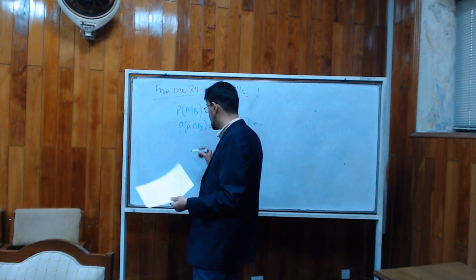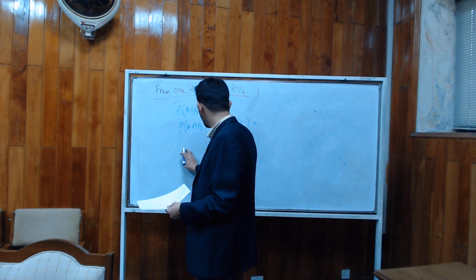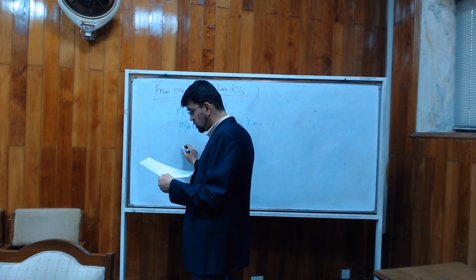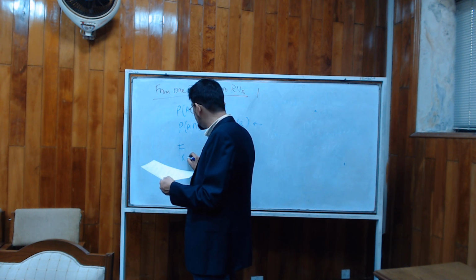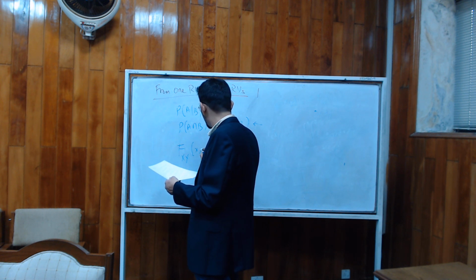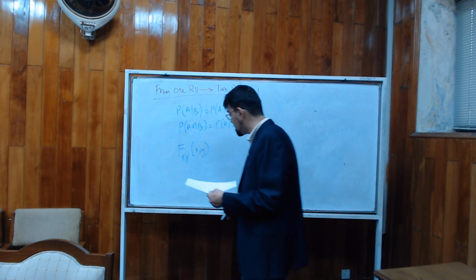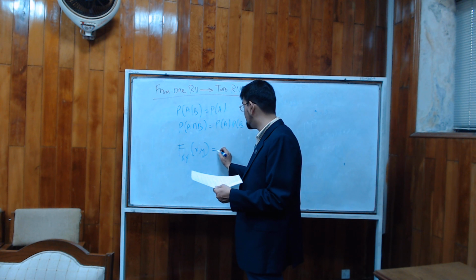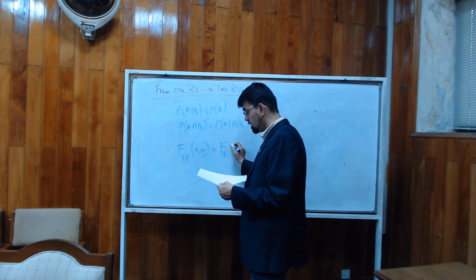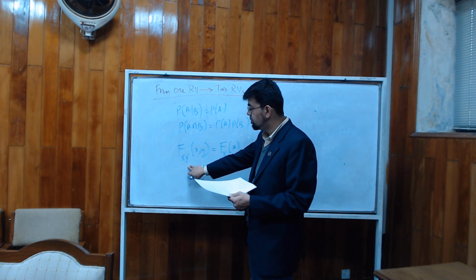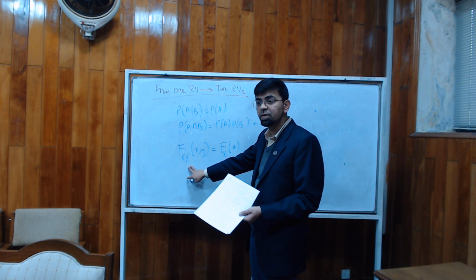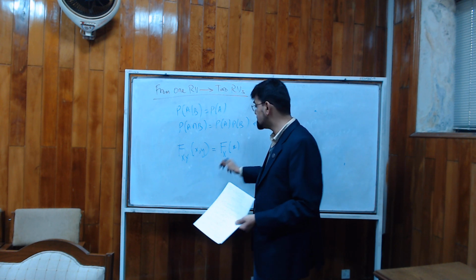So let's see. From here on we will say that two random variables are independent if their joint or bivariate cumulative distribution function is separable.